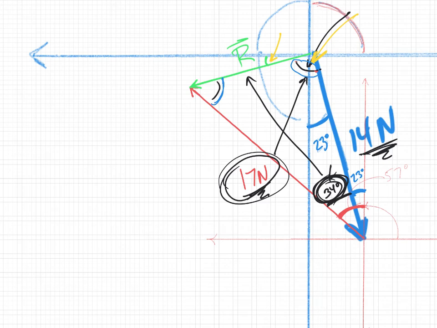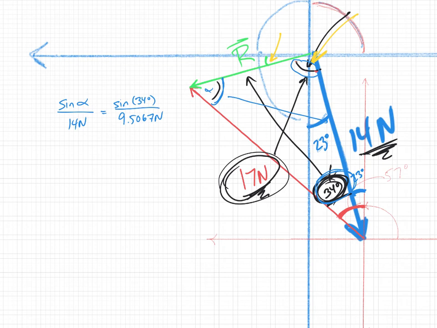So let's go ahead and do that. Now we've got the 14 with alpha. So the sine of alpha over 14 newtons equals, working with the angle that we know, the sine of 34 degrees over the resultant, which was 9.5067 newtons.